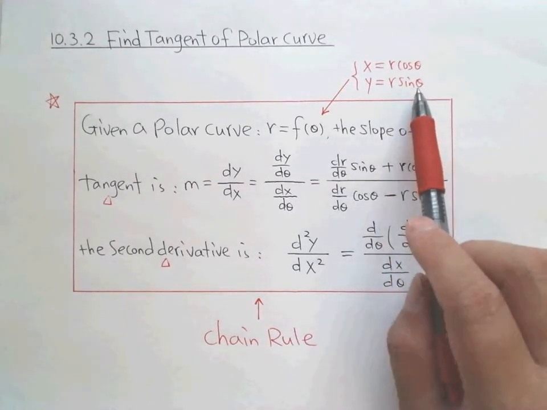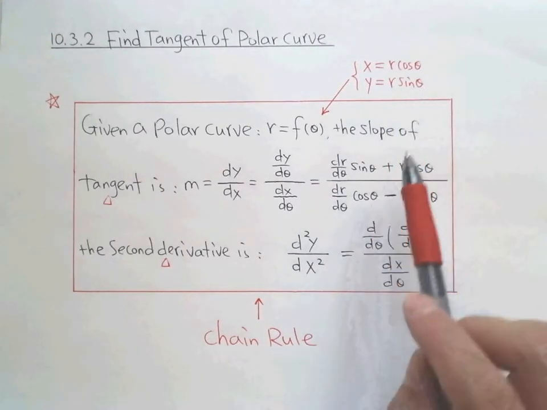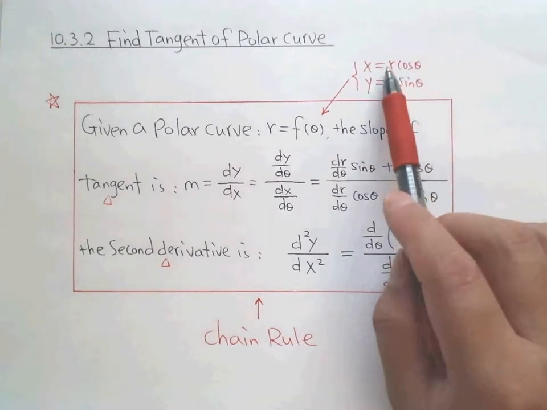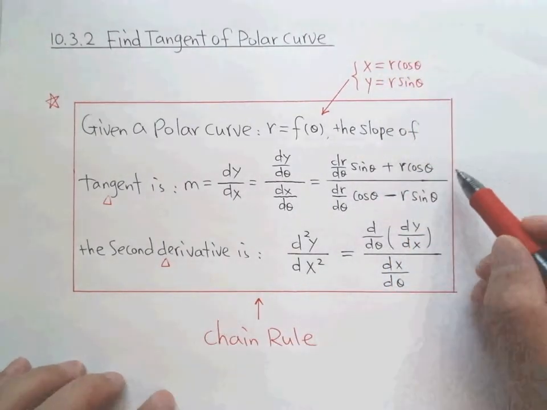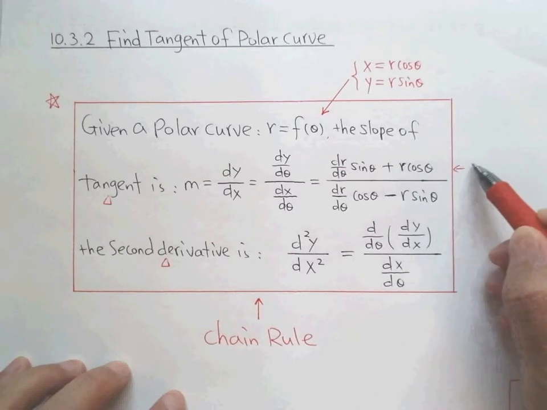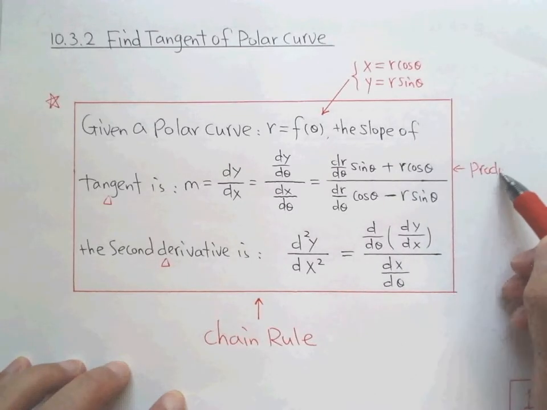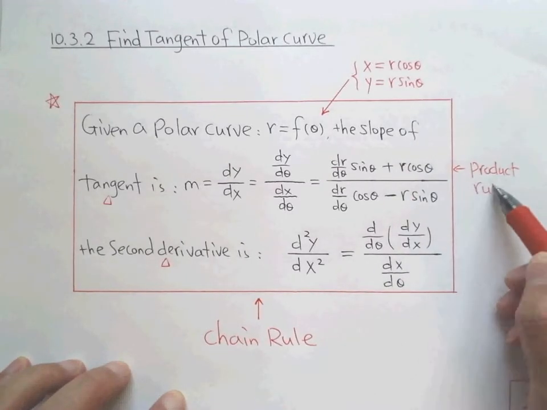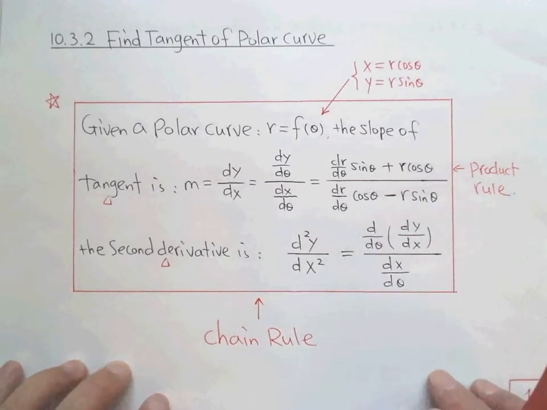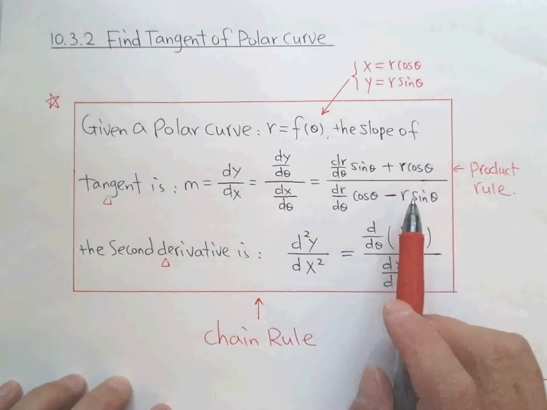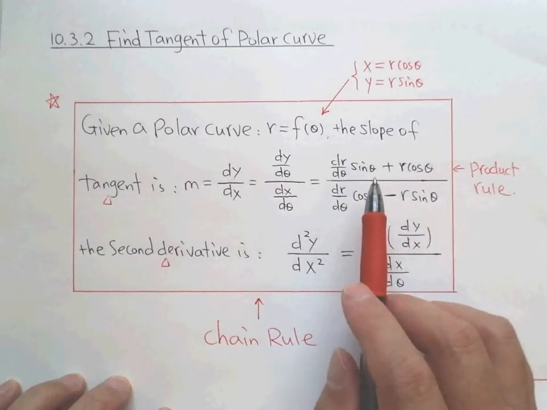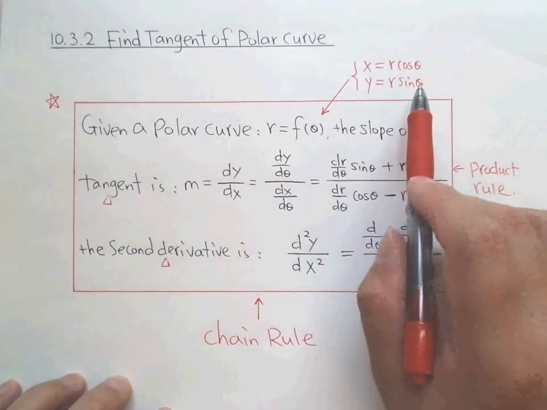And the bottom is the same. Look, it's complicated and not easy to memorize this formula. It's better to use the product rule on this parametric equation.